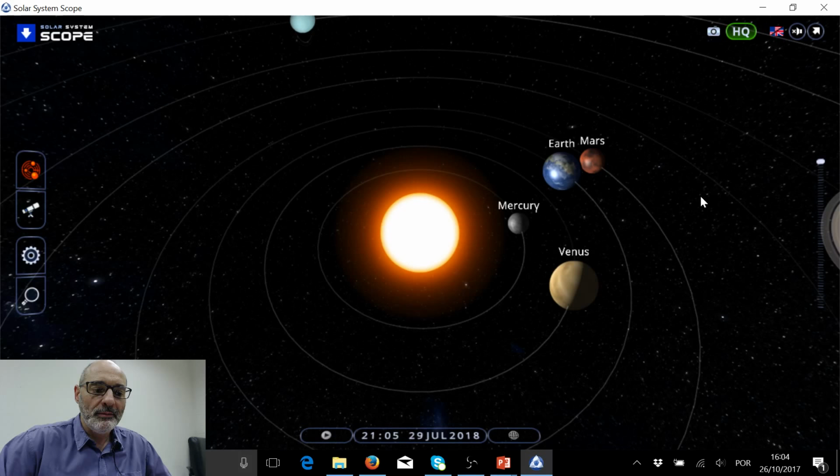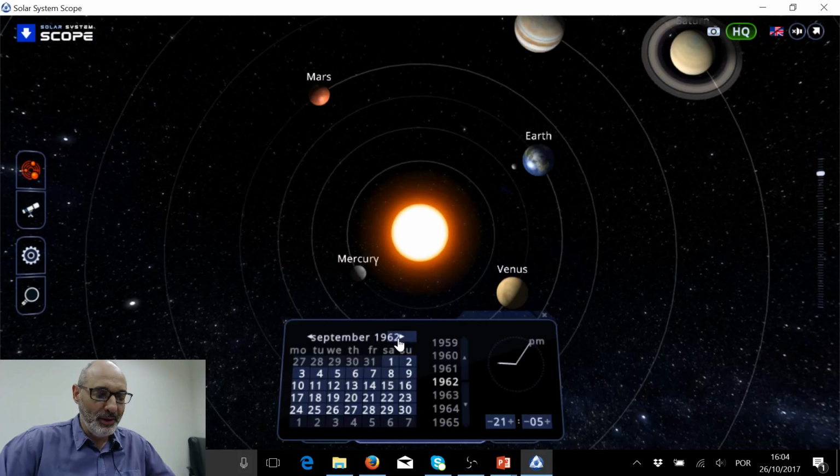Another funny thing to say is what we call here in Brazil the mapa astral. This kind of map, actually, I'm going to use my birth date. So I was born on November 13, 1962, at 22:30.